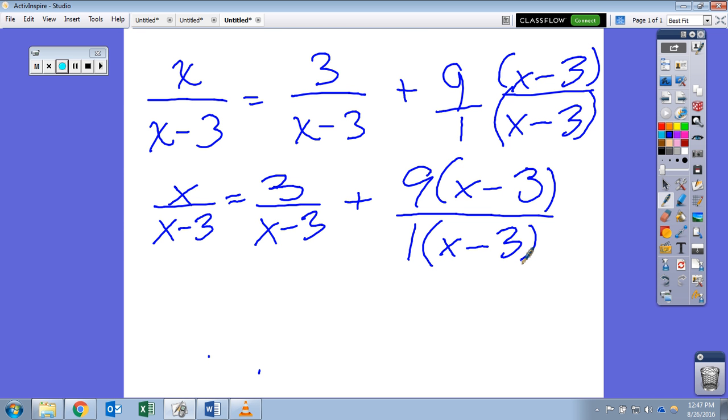It's example 5, solving a rational equation, page 107. If you don't have a textbook, you might want to write that page number down so you can refer to it if you ever watch this video to review.